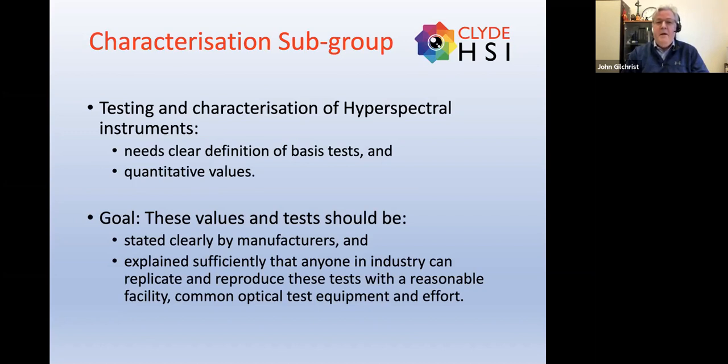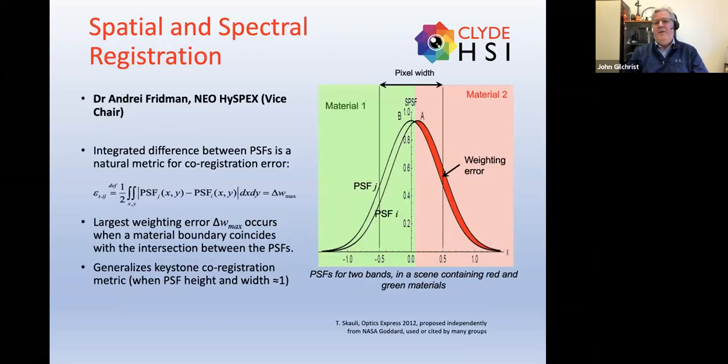So these characterization methods require very clear definition of what we're going to test, and very clear definition of how to test it, and what sort of parameter would be a value that shows a performance that can be transferred from instrument to instrument, or manufacturer to manufacturer, or laboratory to laboratory, and so forth.